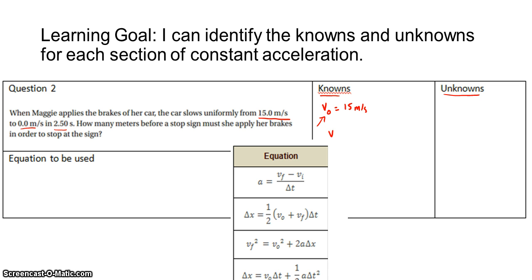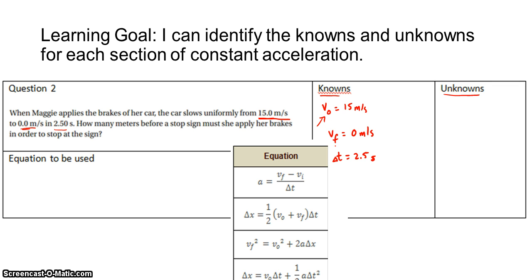My final speed, think F for final, is 0 meters per second. And the time that it takes to go from 15 to 0 is 2.5 seconds. So these are 3 things that I know.